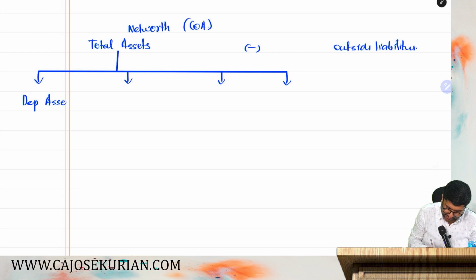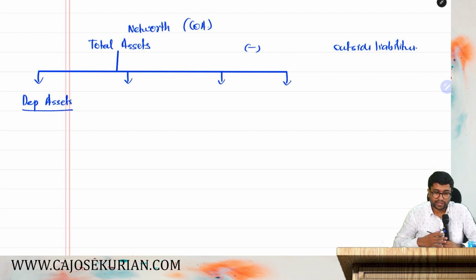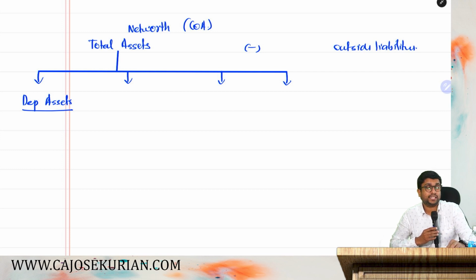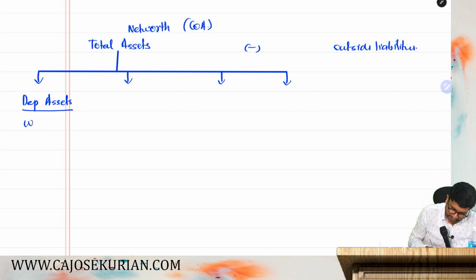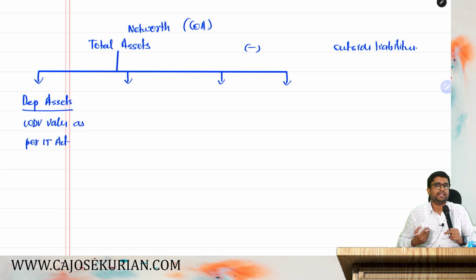What is a depreciable asset? An asset where you have claimed depreciation in accordance with the Income Tax Act 1961, especially under section 32. So if it is a depreciable asset, then while computing the cost of acquisition, you take the WDV value as per the IT Act.